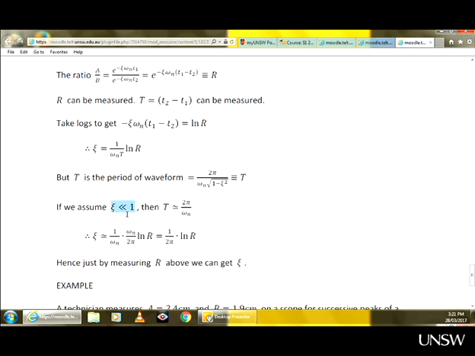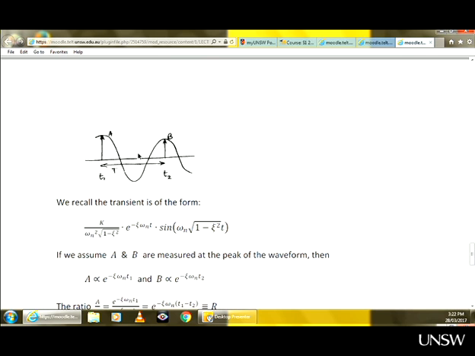Now, if psi is much less than 1, which is a very reasonable assumption to make, because if these two amplitudes are similar in size, obviously not equal, but you don't have the first amplitude much bigger than the second one, that means you don't have a very high damping. Obviously, this system takes a while to settle. So the damping is not very high.